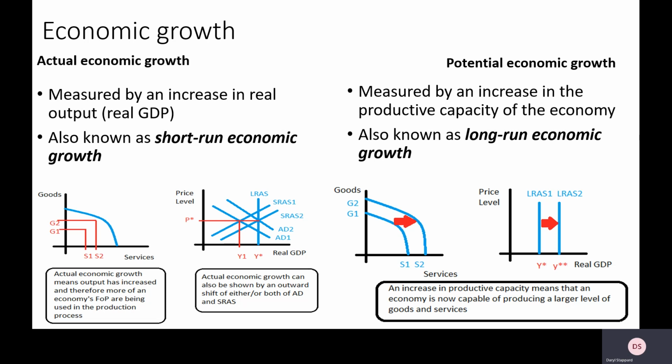Now we can show these types of economic growth using diagrams. So the bottom left diagram shows actual economic growth using a production possibility frontier. So remember, the PPF measures the maximum number of goods and services an economy is capable of producing. What I'm doing, I'm assuming the economy is starting off at G1S1.